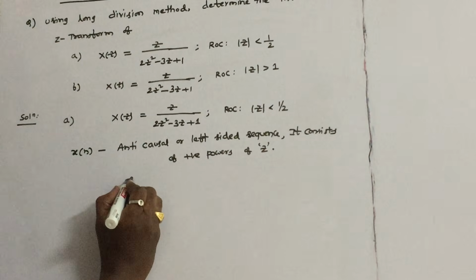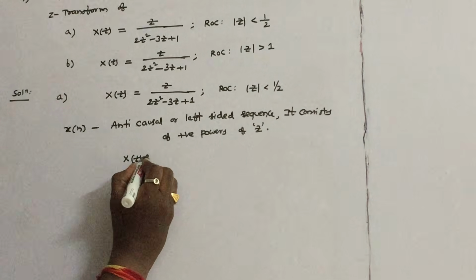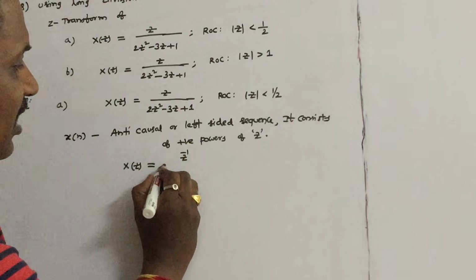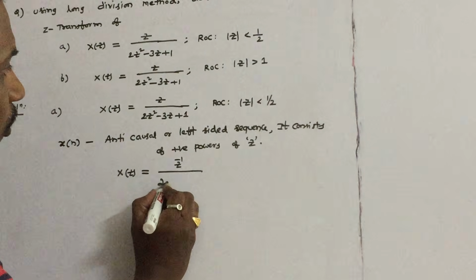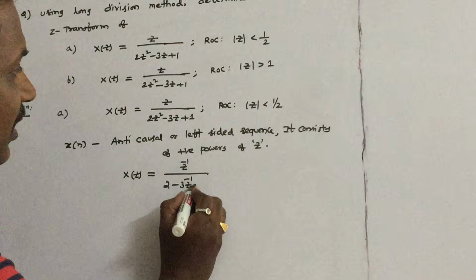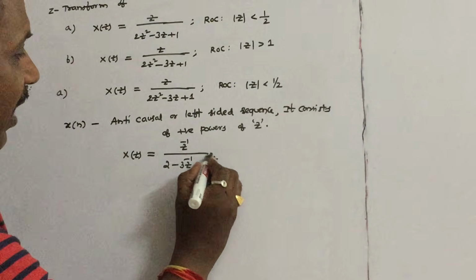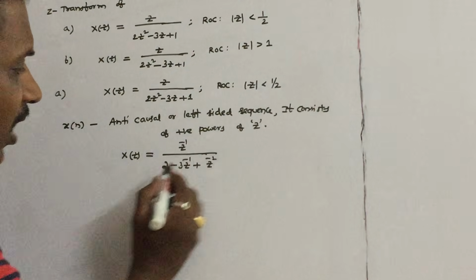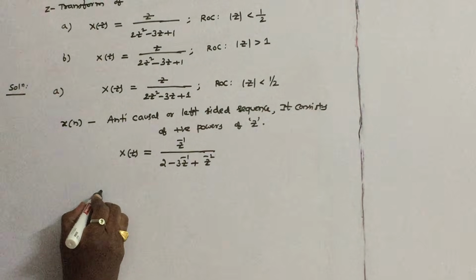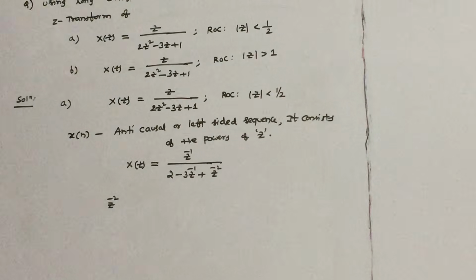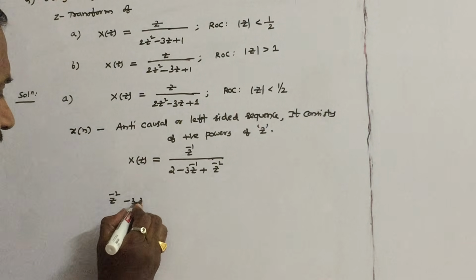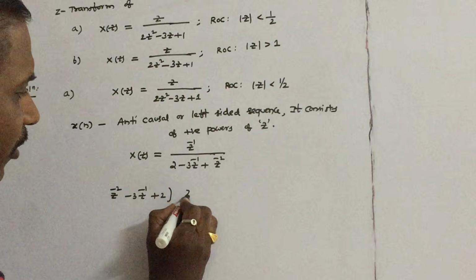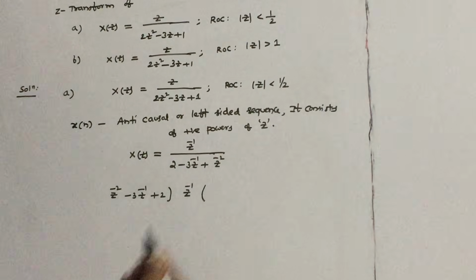To convert it to standard format, first divide the numerator and denominator by z square. So the numerator will become z power minus 1. The denominator will become 2 minus 3z inverse plus z power minus 2. So to get an anti-causal or left-sided sequence, first write the highest negative power first: z power minus 2 minus 3z power minus 1 plus 2, and there is only one term in the numerator, just keep it as it is.